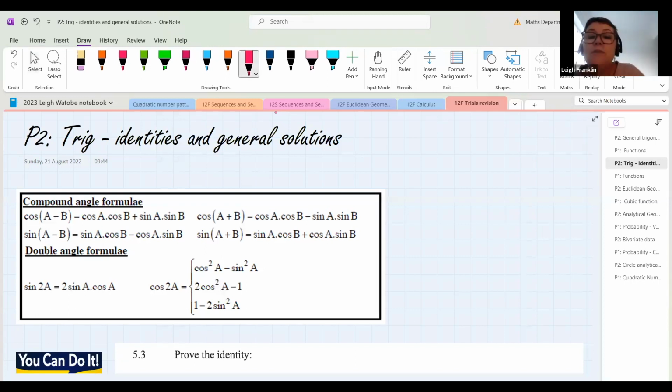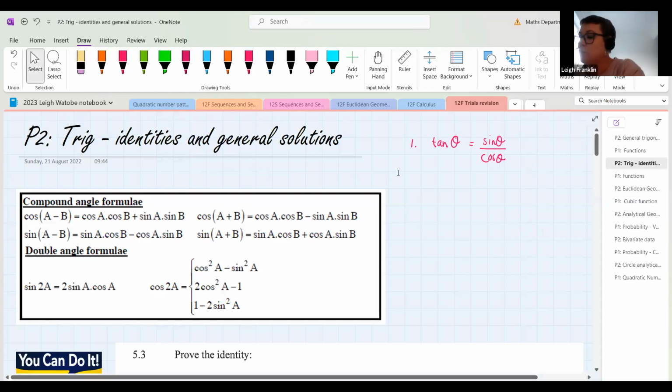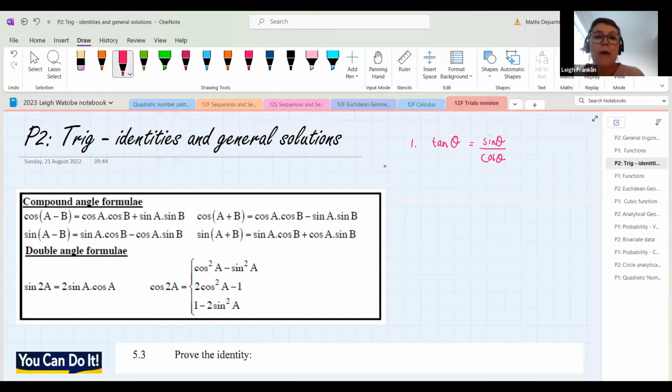So the first identity that we learn about in grade 11 is our tan identity. So we say that tan theta is equal to sine theta over cos theta. And this applies to tan theta in all shapes and forms. So what I mean by that is, if they give us tan squared theta, we would write this as sine squared theta over cos squared theta.